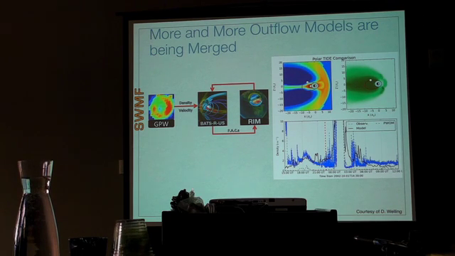Right now it's one-way coupling. This slide came from Dan Welling. Even though it's one-way coupling with no feedback, they're just taking the outflow specification and setting the inner boundary and then seeing what happens. If you look at the comparison with data, it's pretty nice. I encourage everyone who's interested in this topic to go to the outflow session and see what's going on.